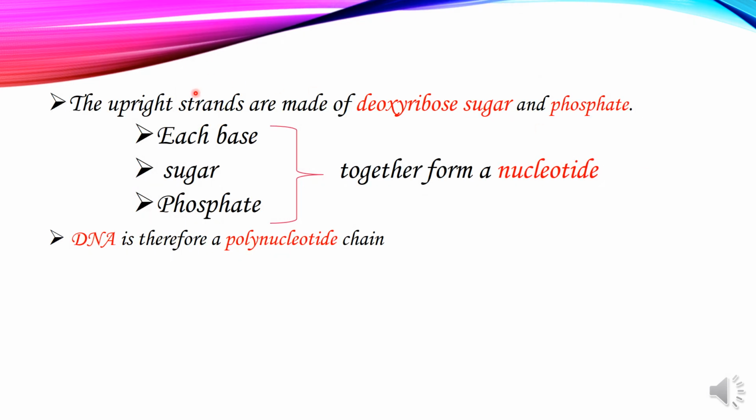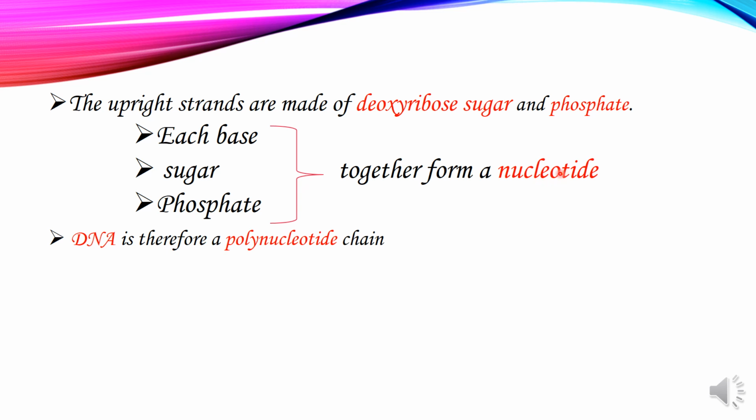The upright strands are made up of deoxyribose sugar and phosphate. Each base, sugar and phosphate together form a nucleotide. So the base, the sugar, and the phosphate are jointly known as a nucleotide.